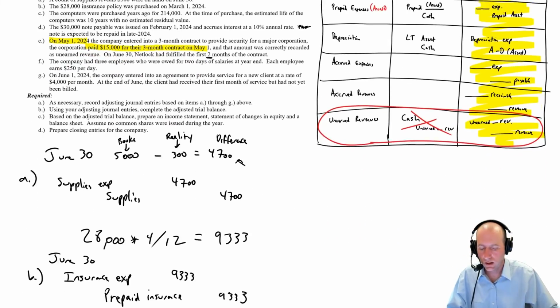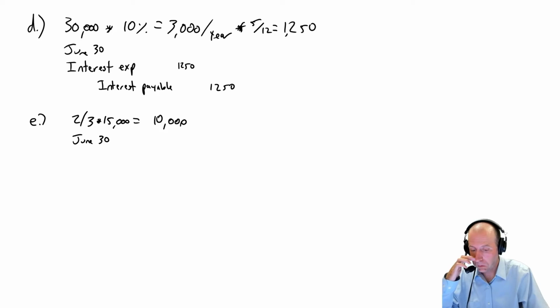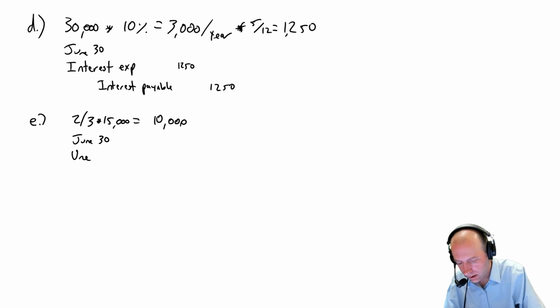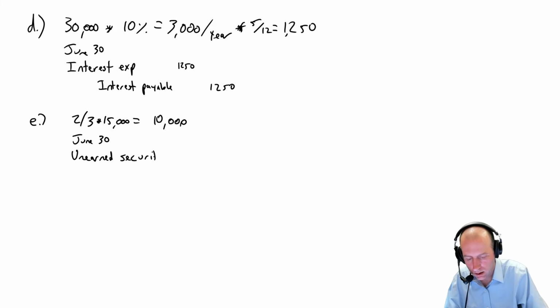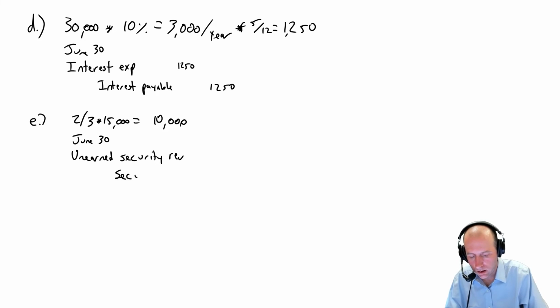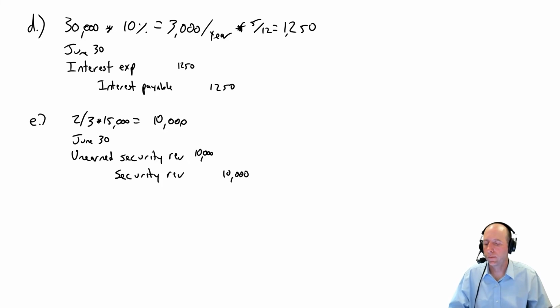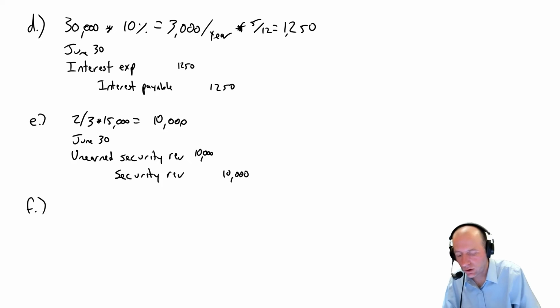Debit unearned security revenue, credit security revenue. And the amount, of course, $10,000. Moving on to F. Just 2 more here.